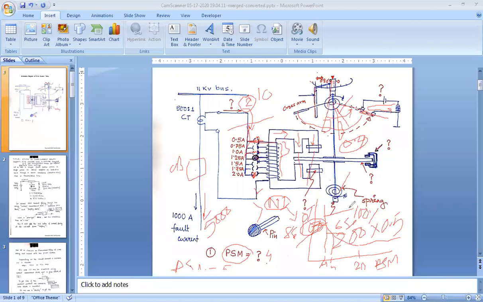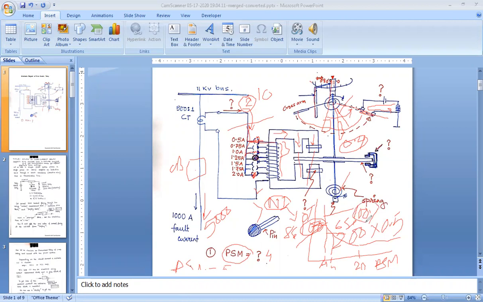For 100% setting, the characteristics will be given only. Otherwise, the manufacturer should provide all the curves for all the time settings. It's not required. So the manufacturer will give you just a single curve or single characteristic, and that is for 100%.